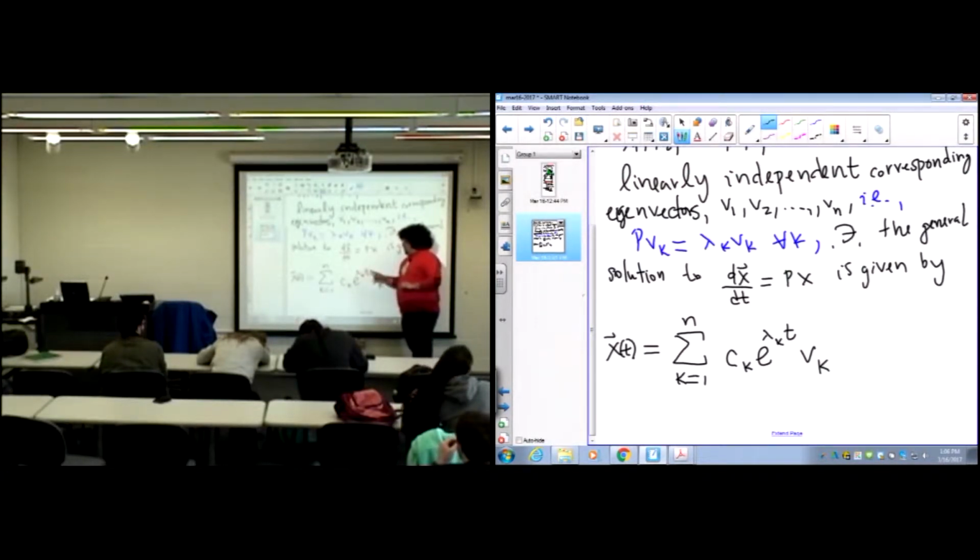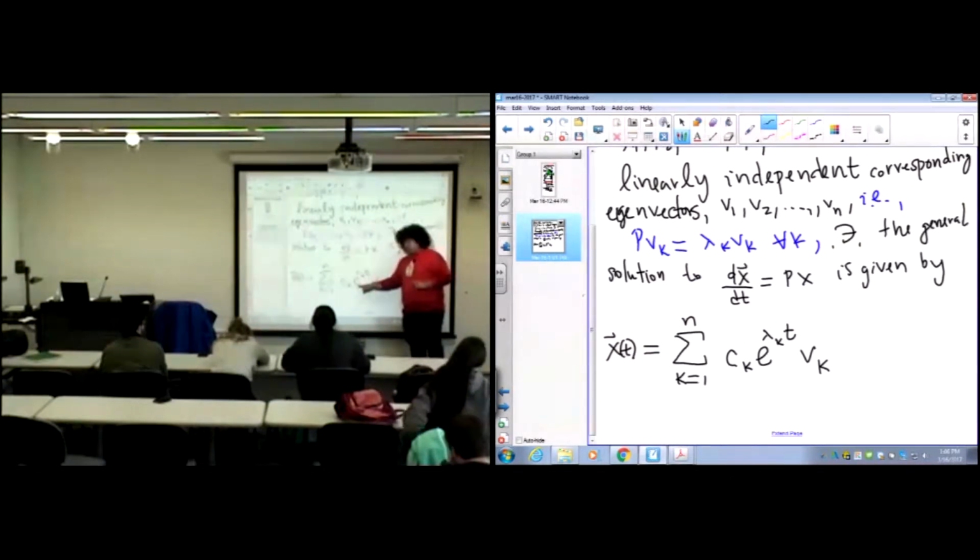So writing it in this notation, we're saying that it is a summation of the eigenvectors with some specific coefficients, and the coefficients here are c times e to the lambda times t. In other words, that summation is a linear combination of the eigenvectors.